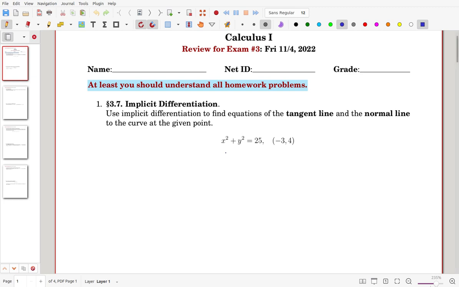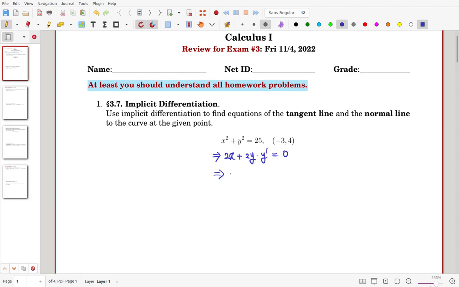Okay, let's do implicit differentiation. If we apply the x derivative, that will be 2x, and y is a function of x, so by using the chain rule, you get the derivative with respect to y times y prime, and the right hand side is a constant, so the derivative is 0.